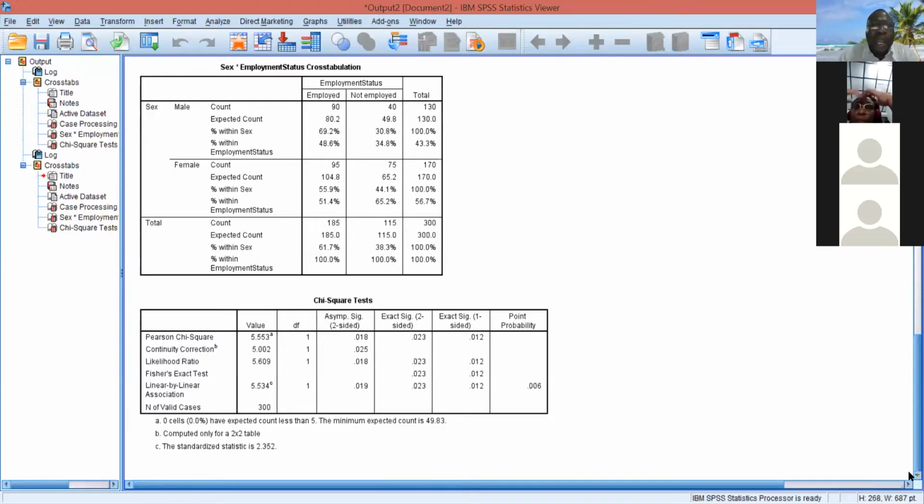If you interpret it like that, you make a mistake. You see here, 51.4% of the employed are female, right? That's what this one is saying. 48.6% of employed are male. It will give you the impression that we have more females in employment, but you are forgetting that we have more females in that population than males.